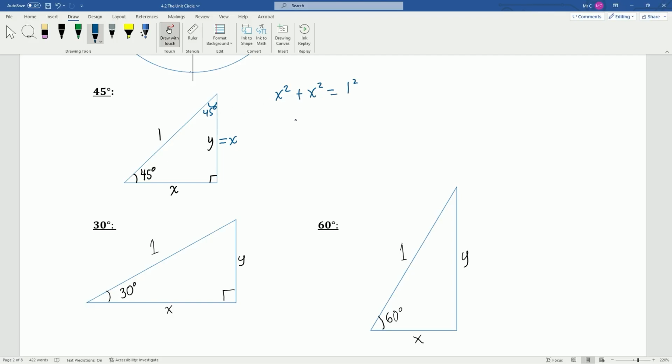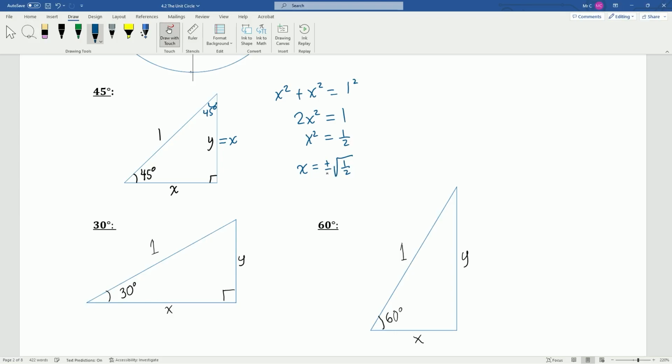Okay, well, x squared plus x squared is 2x squared. 1 squared is just 1. And now when I divide by 2, I get x squared equals 1/2. And so when I take the square root, I get x equals plus or minus the square root of 1/2.